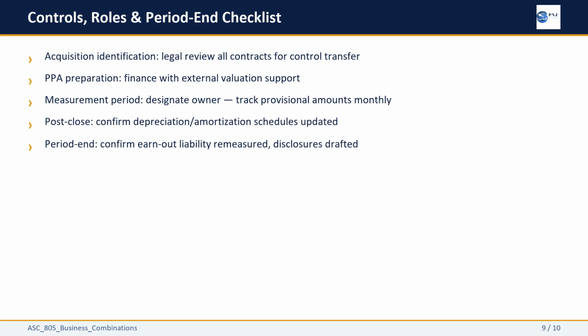A designated owner must track provisional amounts throughout the measurement period, month by month, and document what information arrives and when. Post-close, confirm that all fixed asset registers and intangible amortization schedules have been updated with the new fair value bases. At every period end during the measurement period, confirm the earn-out liability has been remeasured and that the ASC 805 disclosures are being drafted with the right level of detail.